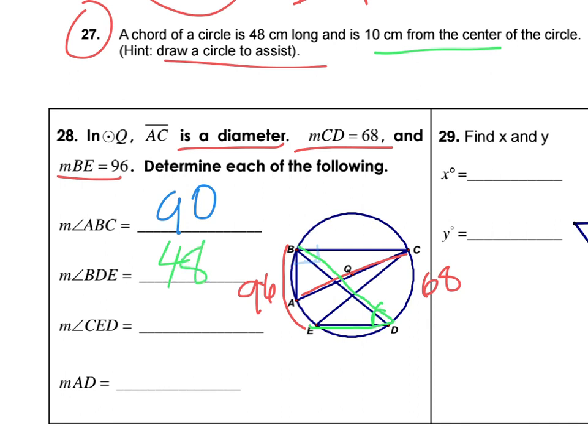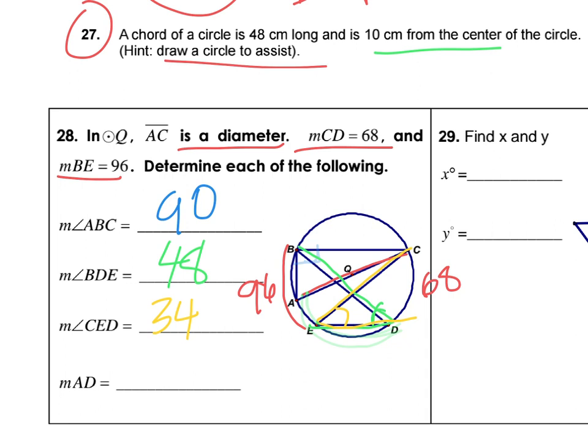And then they also ask us to look at angle CED. So CED is here. Then again, I see the 68 is the intercepted arc with that angle, so again, it's half of that. So we should have 34. And then they want the measure of the arc AD, which is this piece here.